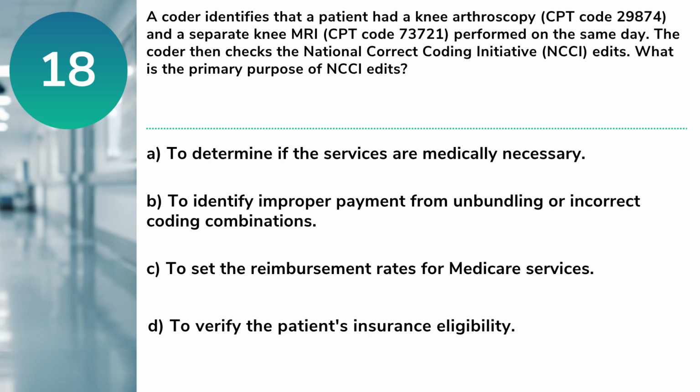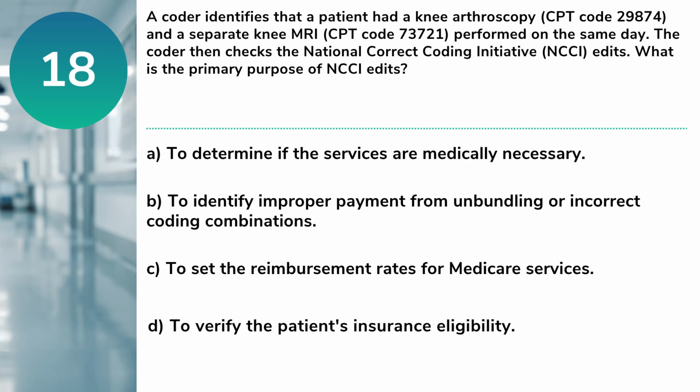Question 18. A coder identifies that a patient had a knee arthroscopy, CPT code 29874, and a separate knee MRI, CPT code 73721, performed on the same day. The coder then checks the National Correct Coding Initiative, NCCI, edits. What is the primary purpose of NCCI edits?